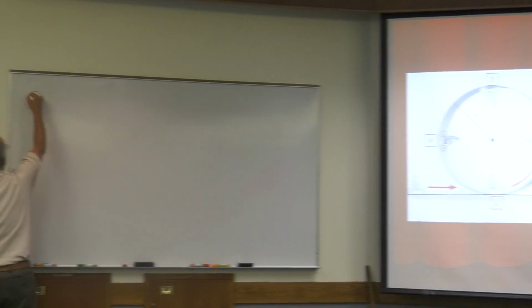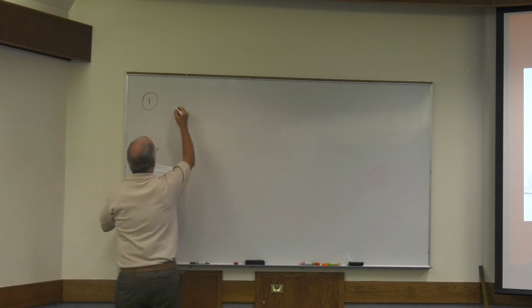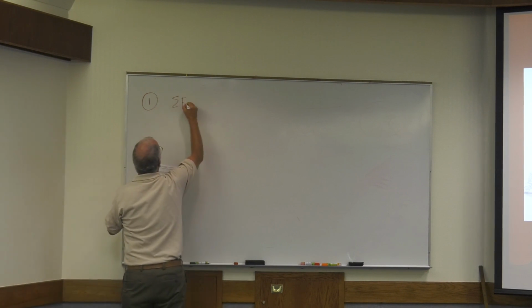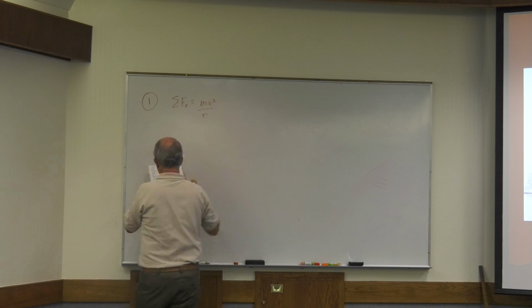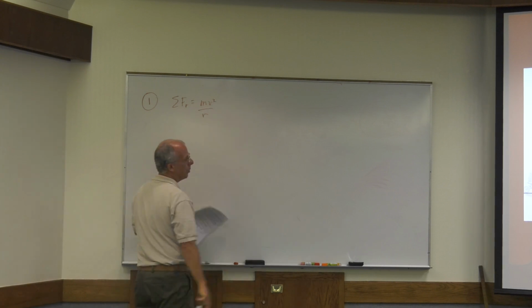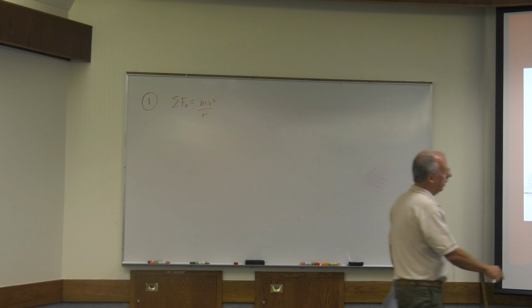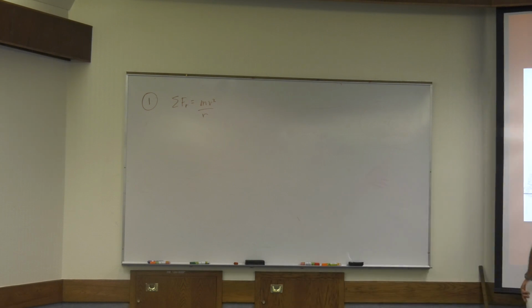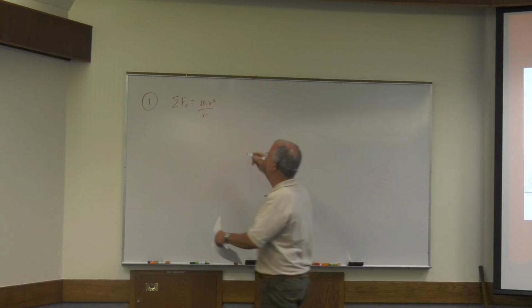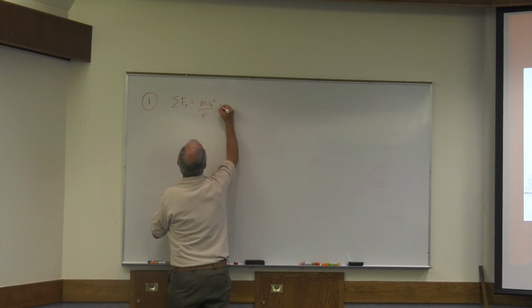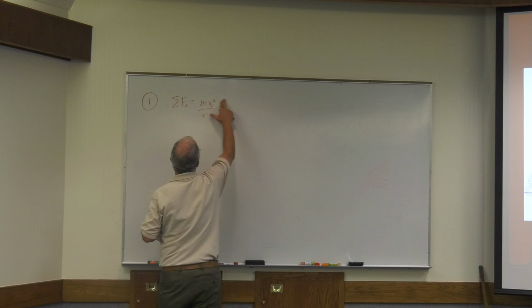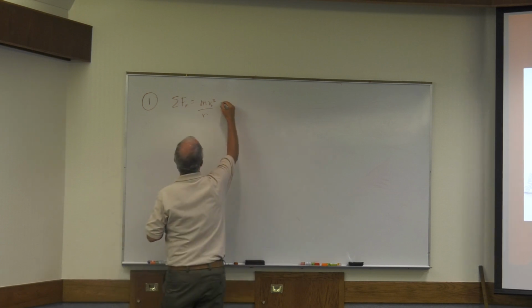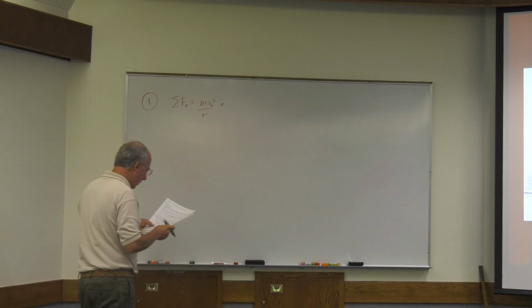Let's do number 1. So we have the sum of the radial forces equals mv squared over r. I've got to put subscripts though, right? Because you've got to admit, you're going to have different speeds, most likely. So let's put subscripts. Okay, so that's true, so I write it down. Now I look at my force diagram.